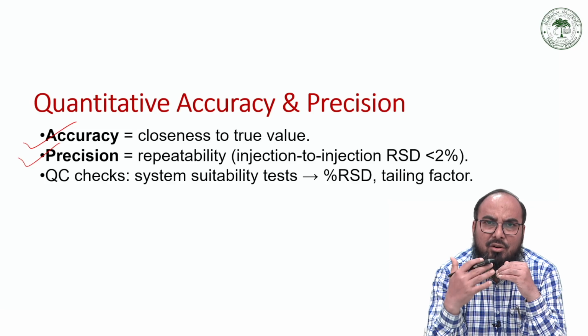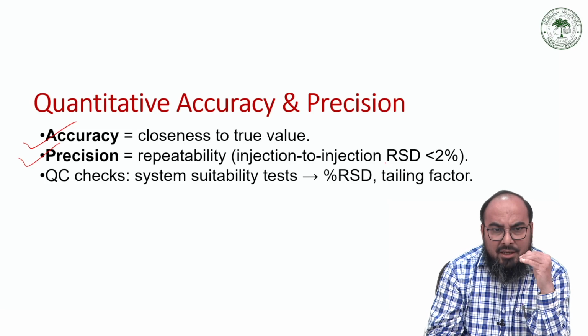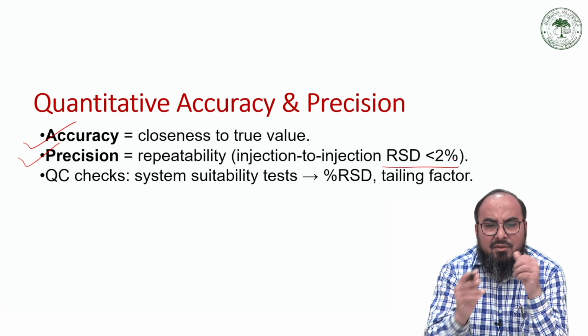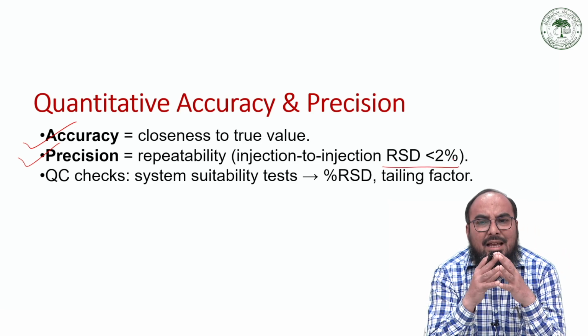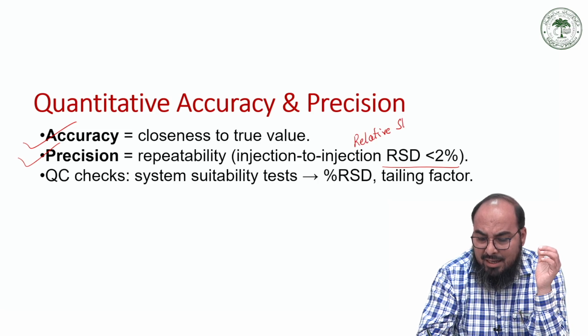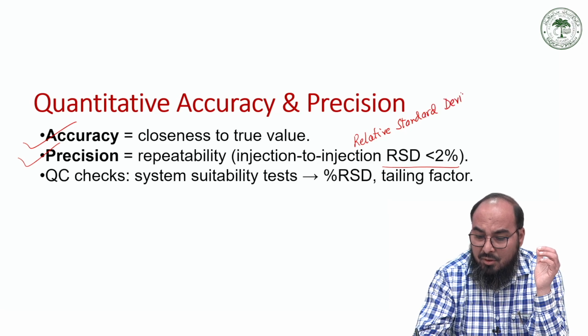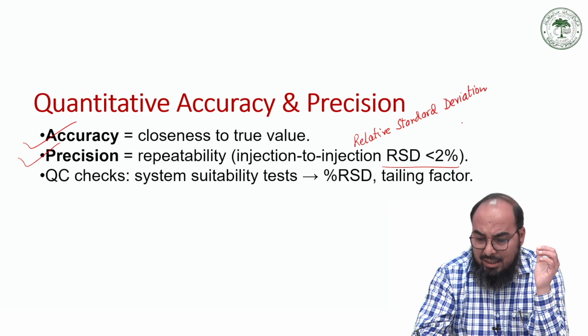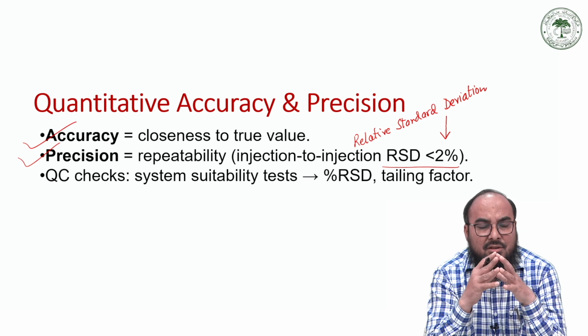So you say that your experiment is precise. In terms of precision, the relative standard deviation must always be less than 2%.